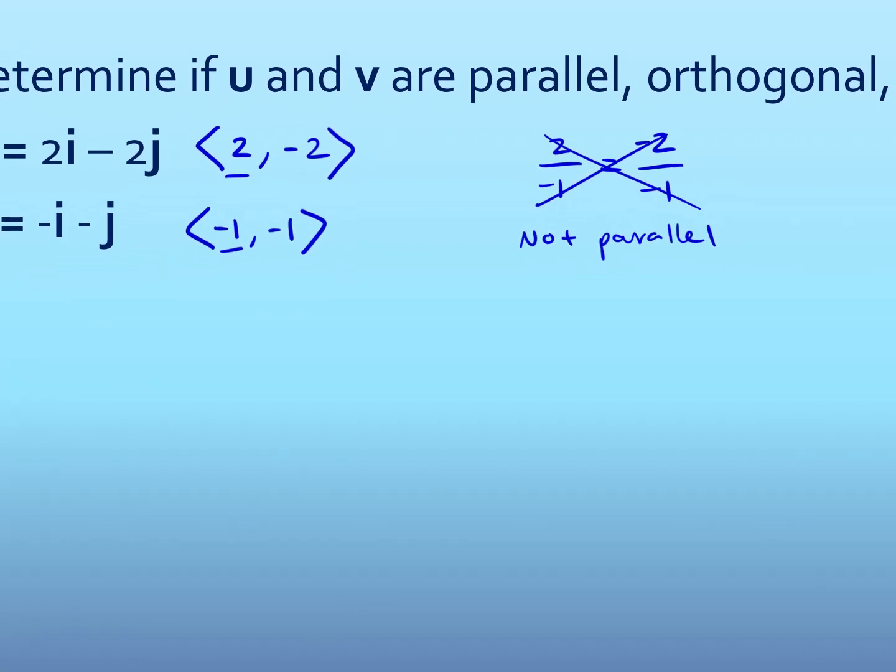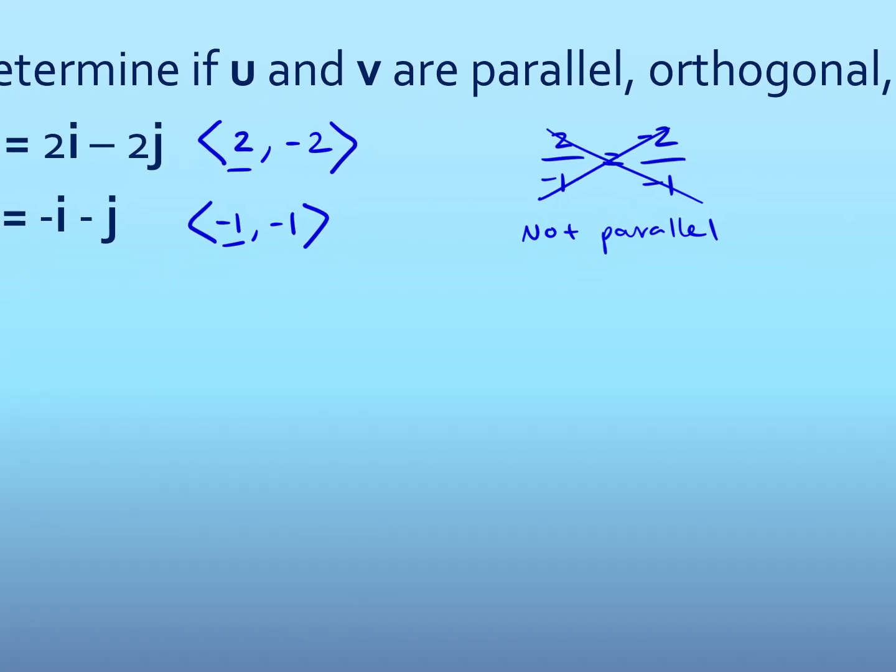Let's see if they're orthogonal. What would we do to check to see if they're orthogonal? We want to see if the dot product equals 0. So the first times the first would be negative 2, plus the second times the second. What's negative 2 times negative 1? Positive 2.